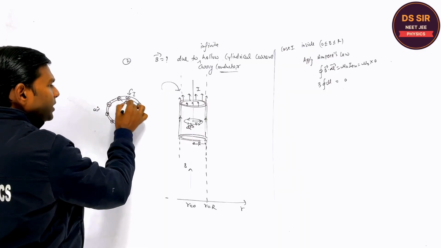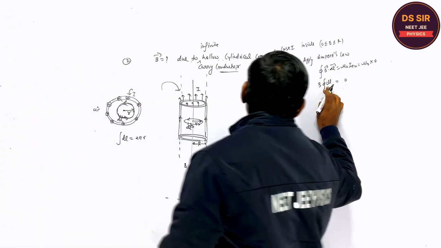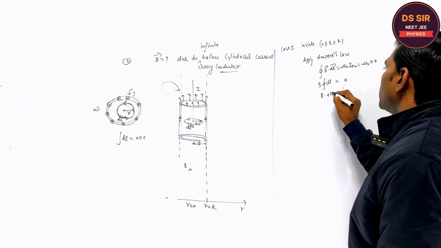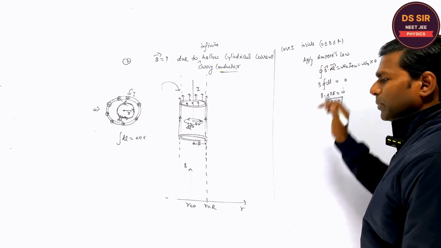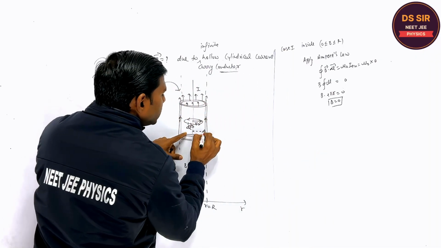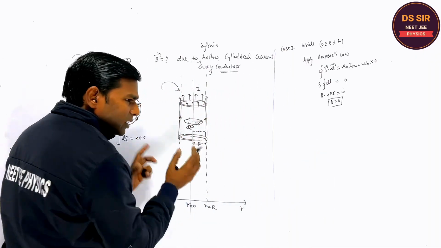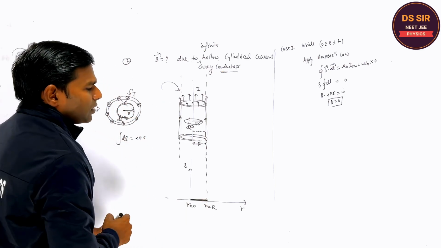If you integrate this, integration of dl will be equal to 2 pi r, but B will be 0. That is, from 0 to capital R inside, from the axis to the surface, at every point inside the cylinder, the magnetic field is what? Say 0, right?